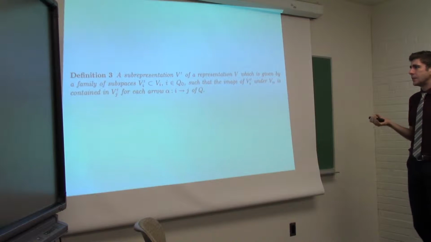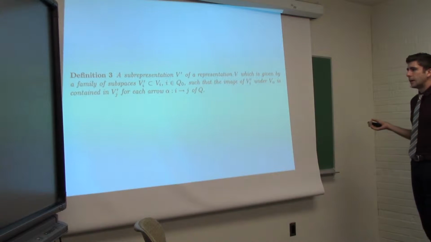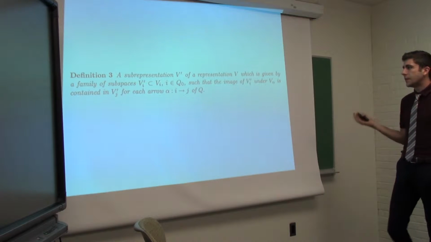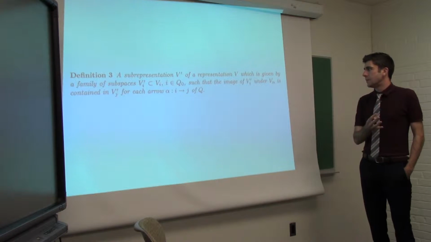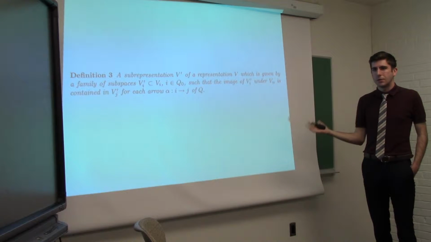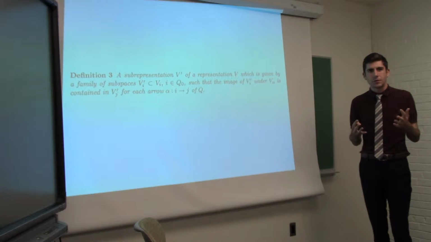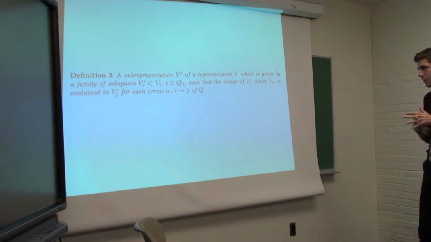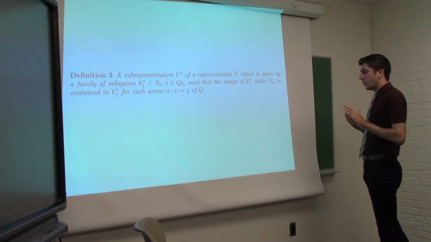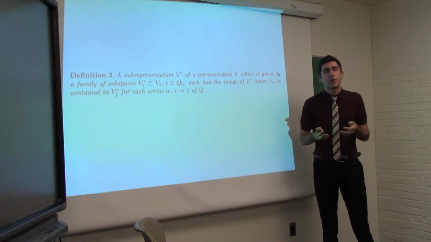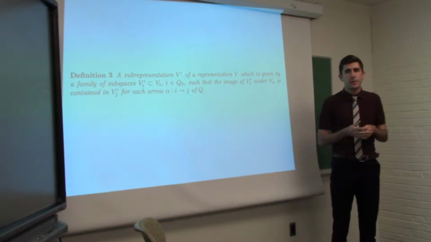A sub-representation is given by a subspace whose image gets sent into the subspace. It's closed. What we're really looking for when we're talking about subspaces is irreducible subspaces.